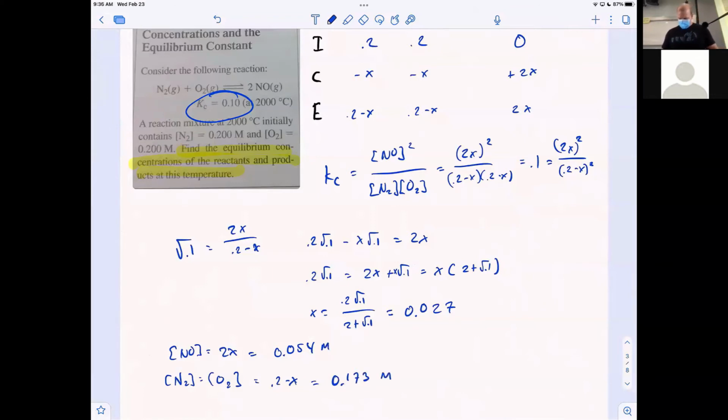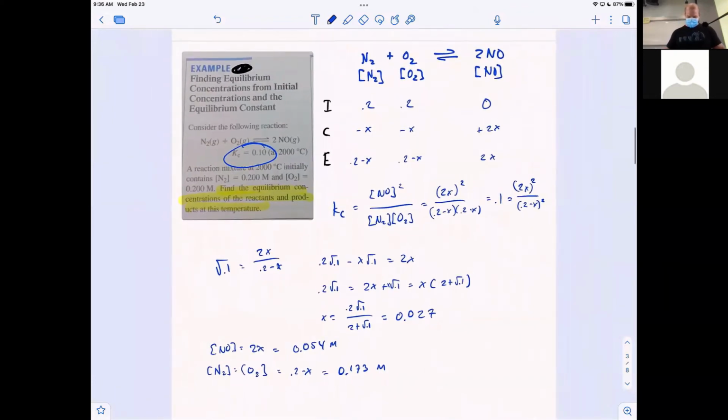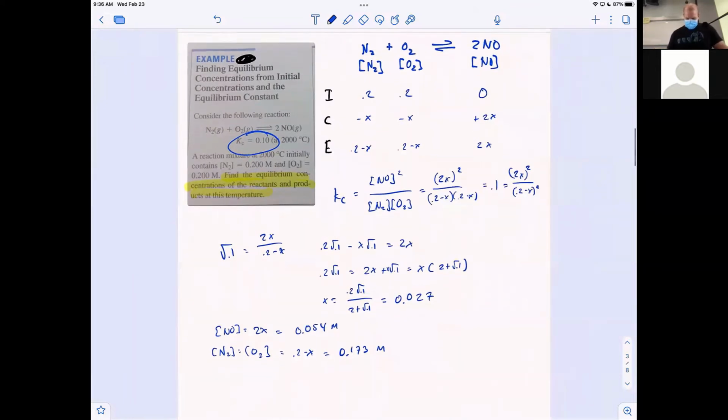Okay, so let's say that we had tons of time left over and you're taking a test or you're working somewhere and you have all the time that you want. And you're like, okay, I'm going to check. You can check this. Your check is to look at your K. It's going to be products, 0.054 squared over 0.173.